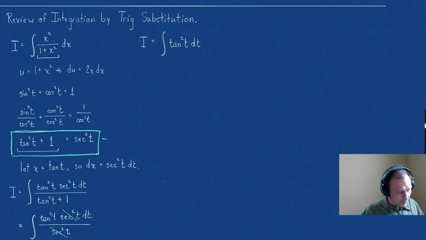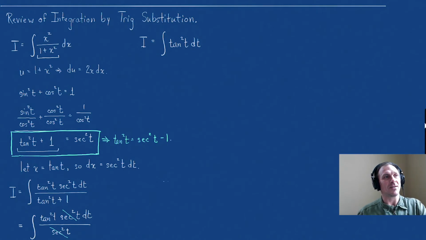But what it also implies is that the tangent squared of t is equal to the secant squared of t minus 1.